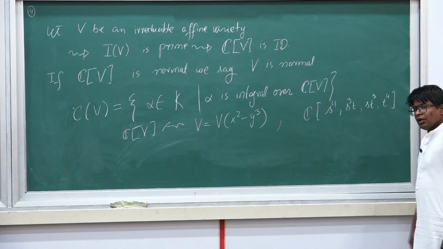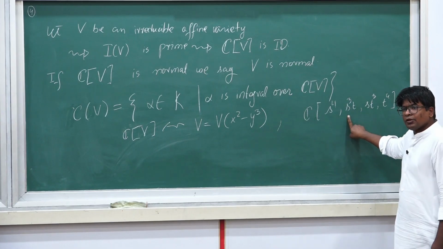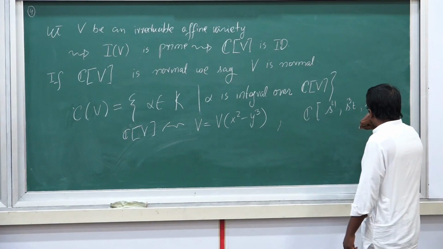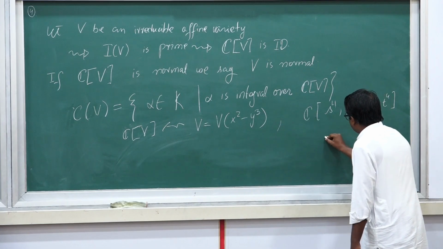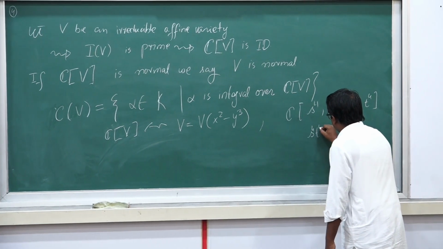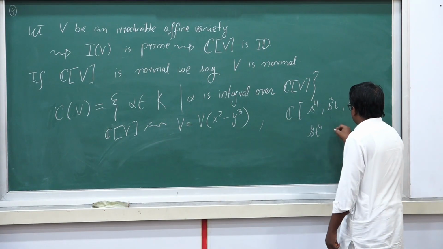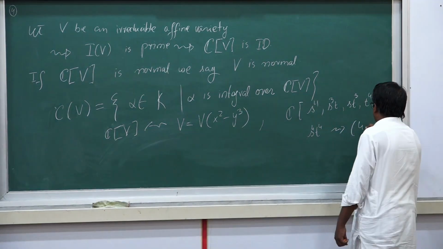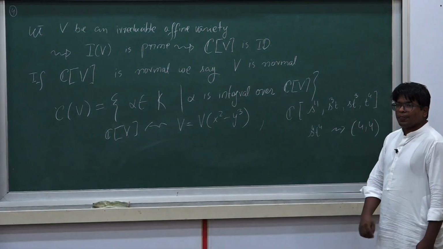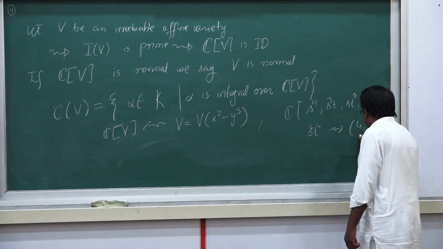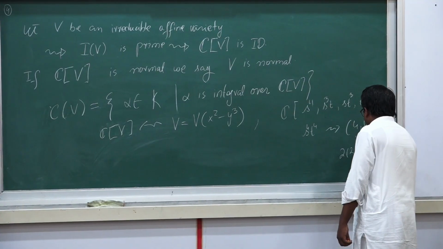This is an algebra, and note that there is this element S^4 T^4, which corresponds to the lattice point (4,4), and the lattice point (4,4) can be written as 2 times (2,2).